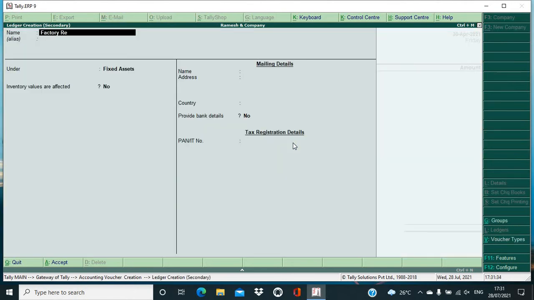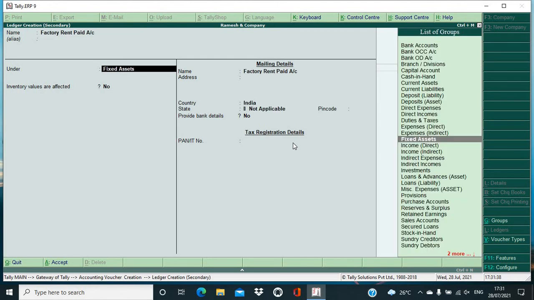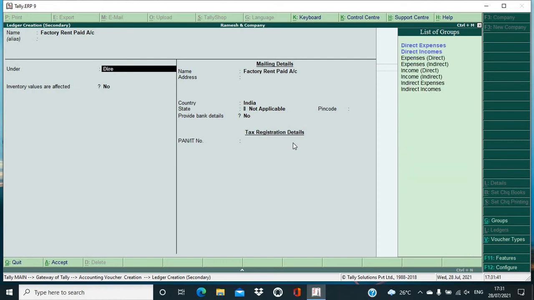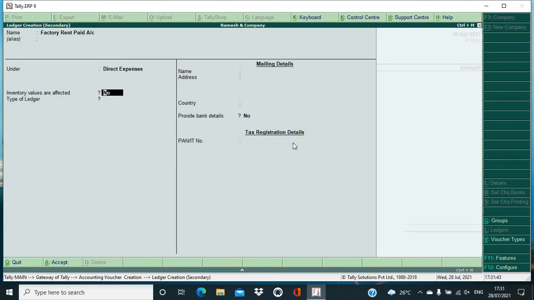Create the ledger as factory rent paid account. Group it under direct expense. Remember, whenever the word factory comes, in my coming videos I will also explain other expenses related to factories, like electricity expense, property tax, and how you have to make those entries.